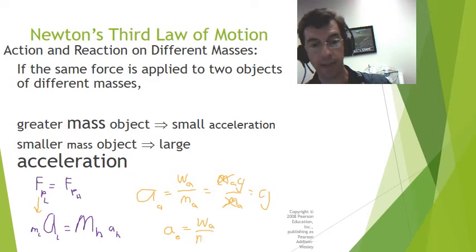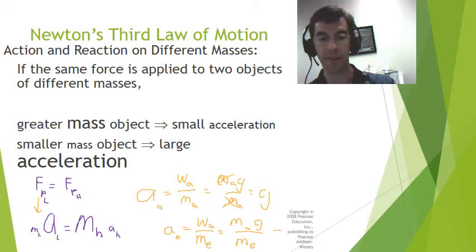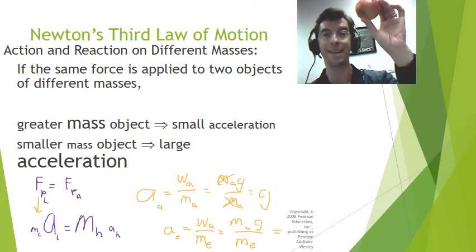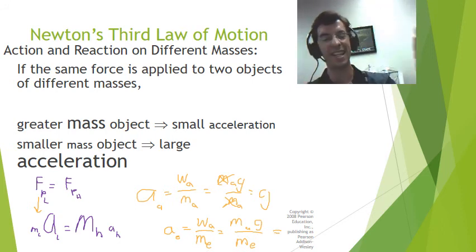divided by the mass. Now it's not the mass of the apple, it's the mass of the Earth, because I want to figure out the acceleration of the Earth. And so we rewrite the weight of the apple as mass of apple times g. But now notice we're not dividing mass of apple by mass of apple. We're dividing the mass of the apple by the mass of the Earth. And you can figure out the mass of the apple compared to the mass of the Earth is such a tiny fraction.